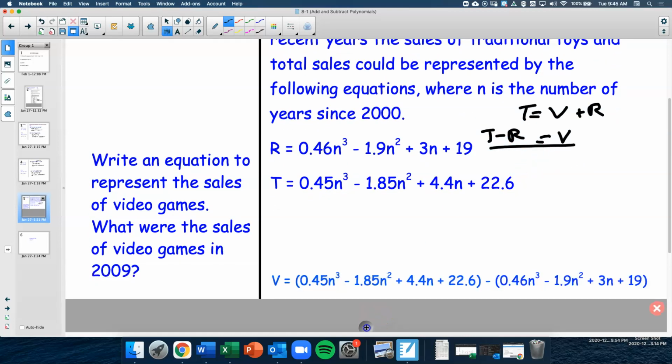So that's how I'll write it. Here you have V equals the total sales minus the traditional. Now see the minus, so that means we have to distribute that minus to each one of those. So we have 4 different ones to go to.